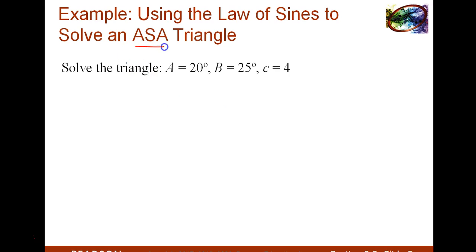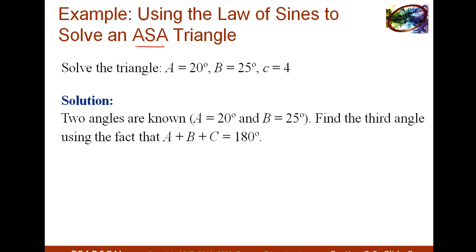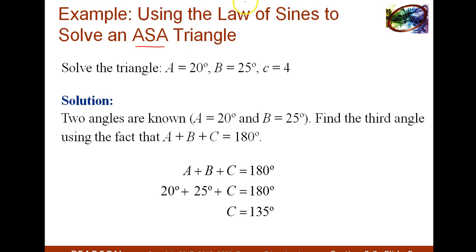If I'm proving something through angle, side, angle, let's draw this out. I'm going to draw this as A, B, and C. Angle A is 20 degrees. Angle B is 25. And side C, the side across from C, is 4. That's how you know it's angle, side, angle.